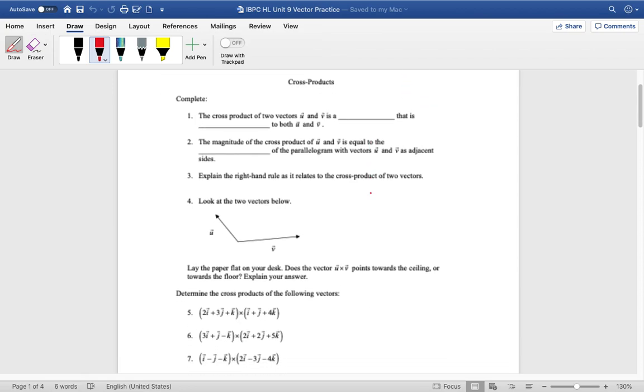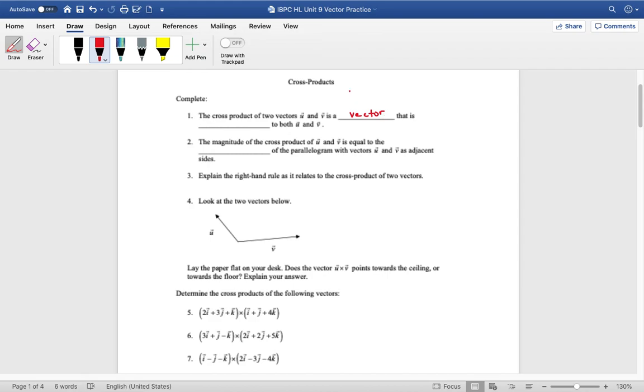So the beginning here is just asking you for some vocabulary and some wrap up of what we were just talking about. And it's important that you do realize that the cross product of two vectors is another what? Right. A cross product is a vector, and that differentiates it from the dot product, where the dot product is a number, a scalar.